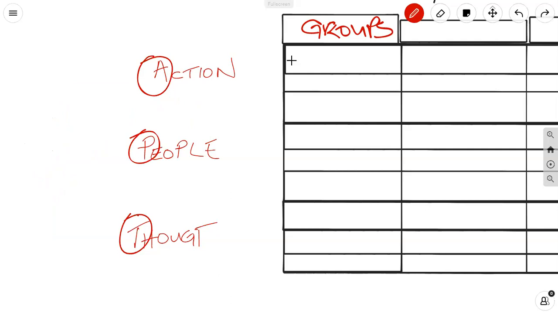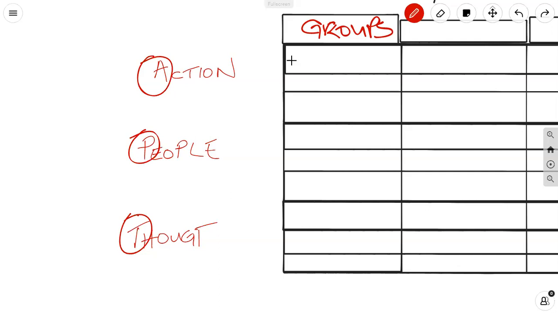Because as Rick Brinkman says in his book, Dealing with People You Can't Stand, behavior is fluid and dynamic and is always changing. Personality is a whole different ballgame. This is not personality. So let's talk about the A section, action-oriented.